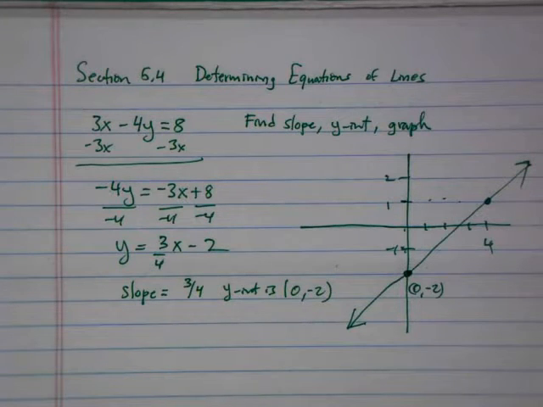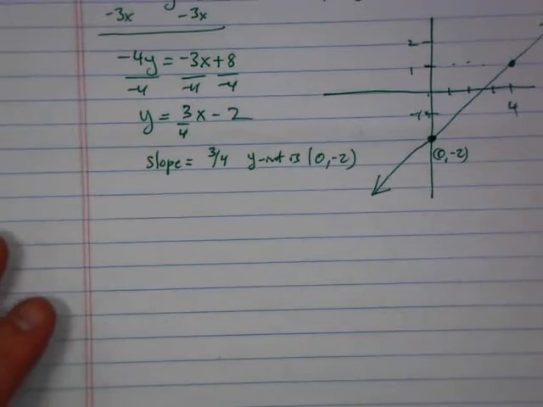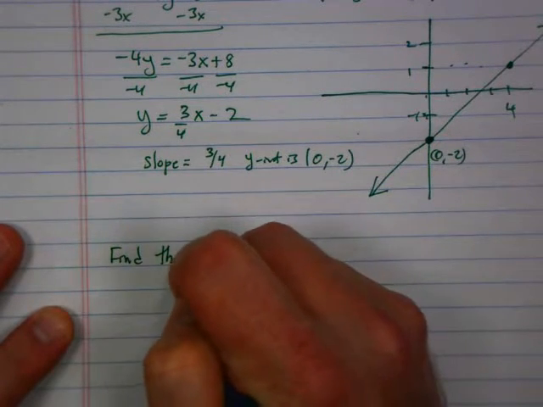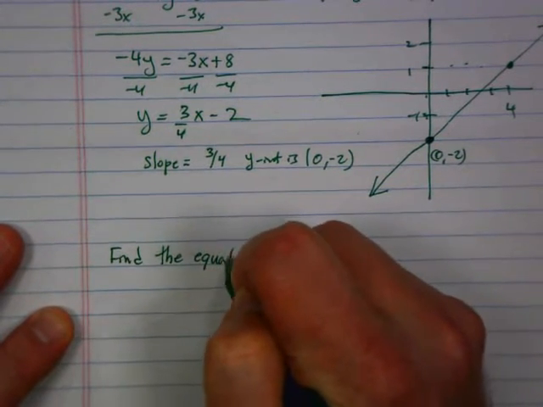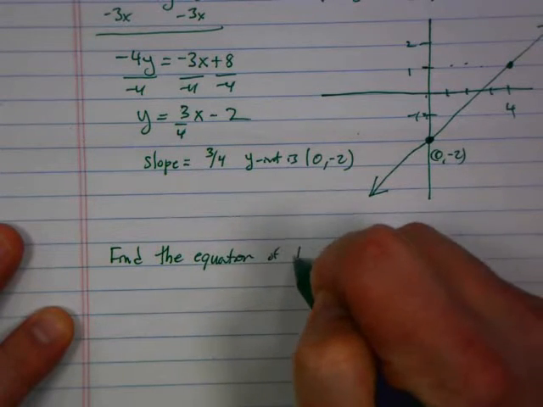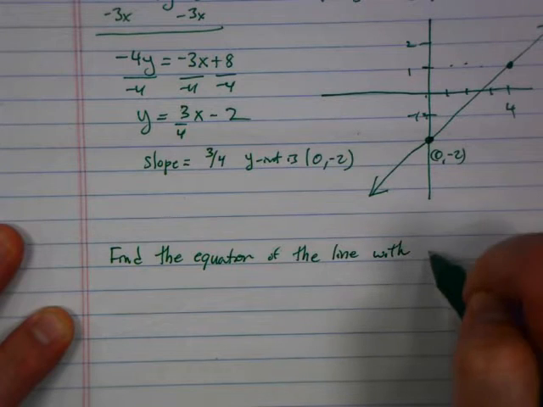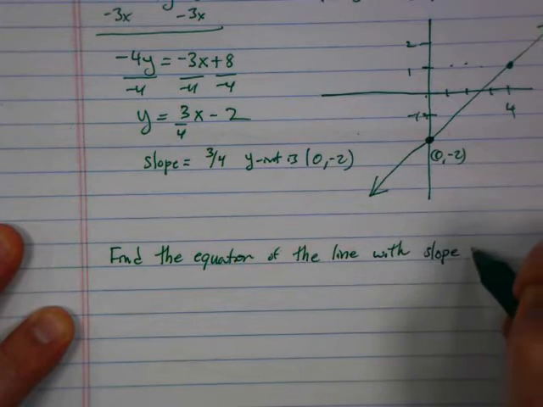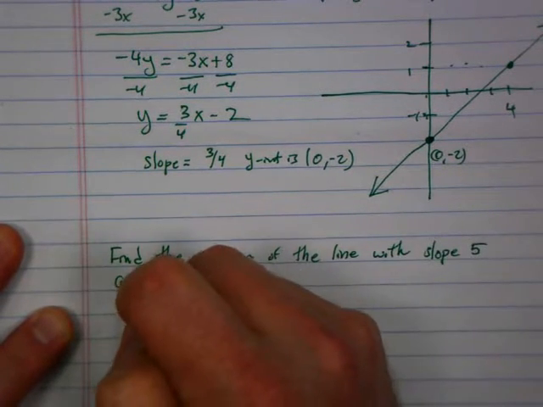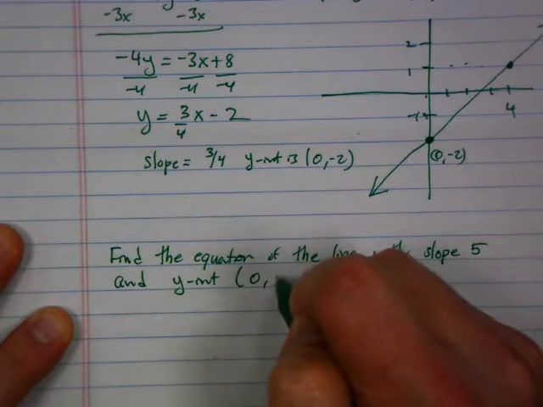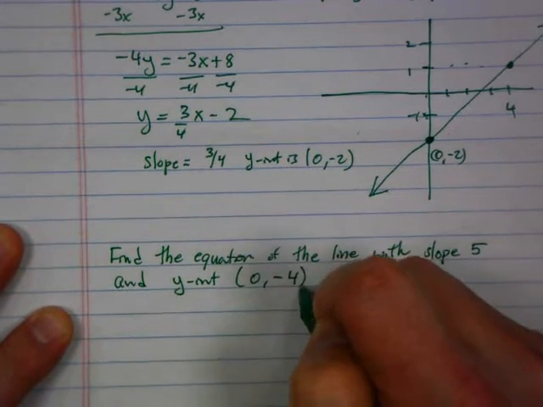All right, so now I'm going to reverse it. So now I'm going to tell you, I want you to find the equation of the line with slope 5 and y-intercept (0, -4).